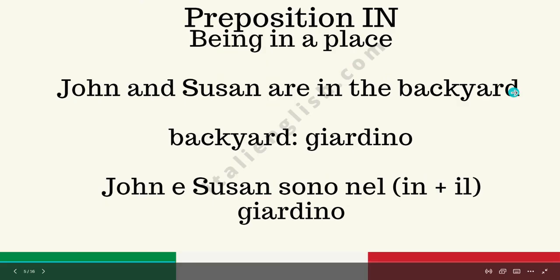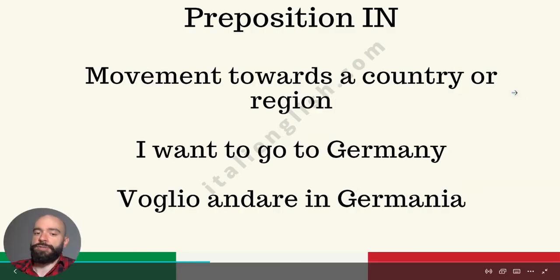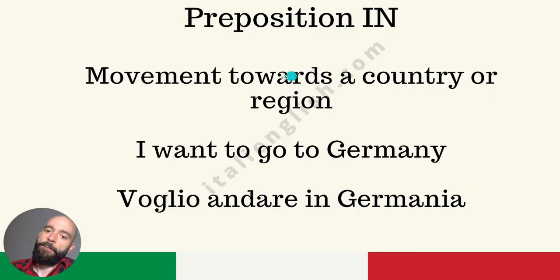Next slide is about the second usage, very interesting one, movement towards a country or region. You remember that we talked about movement towards cities and towns, which is translated with preposition a. Vado a Roma, vado a Miami. And overall, in front of names of towns, we usually use preposition a, but that's another story.